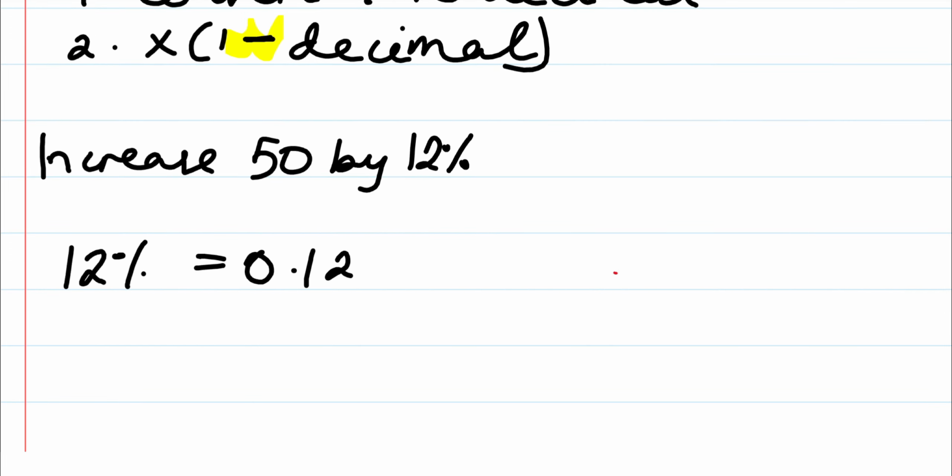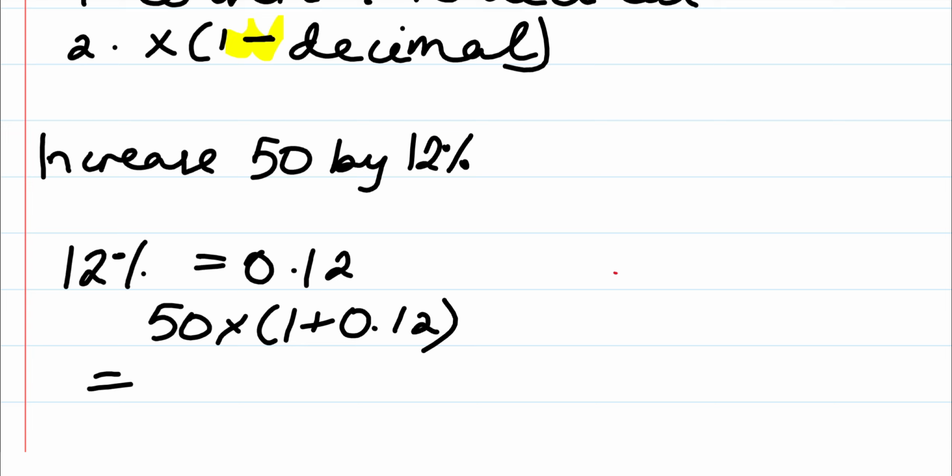And so, according to the formula and the method we wrote above, we need to do 50 multiplied by 1 plus 0.12 to find the percentage increase. This is equal to 56. So this means that after a 12% increase, the new value is 56.